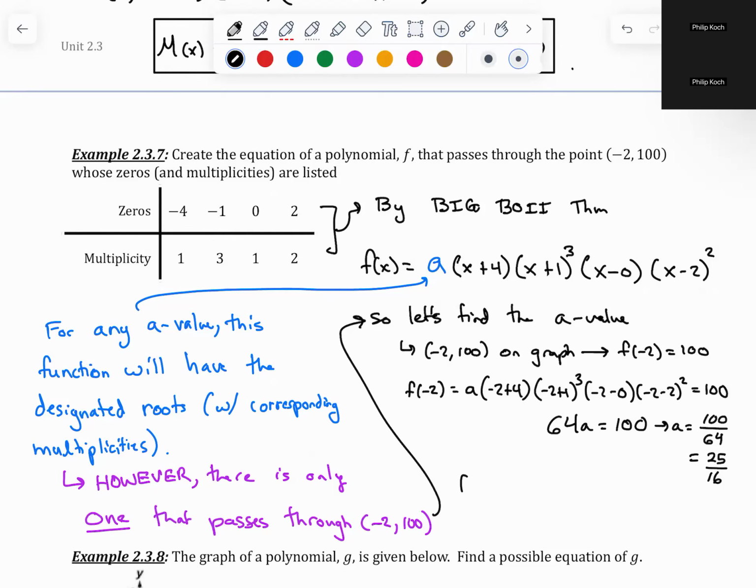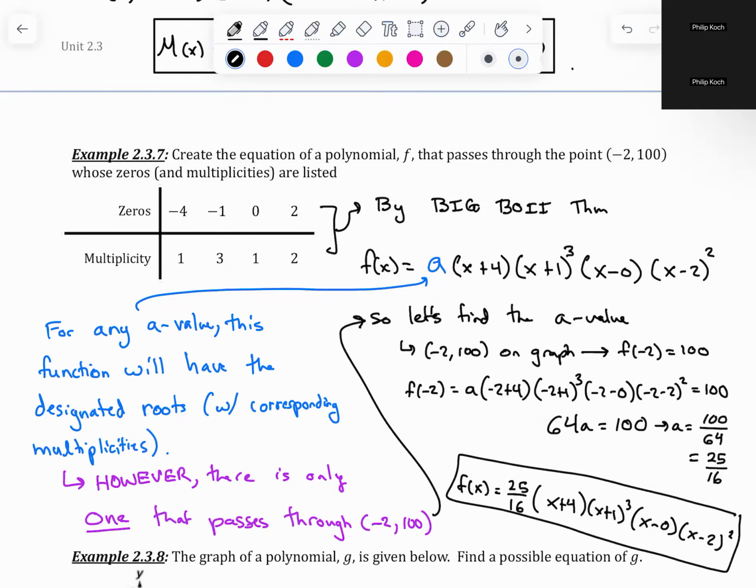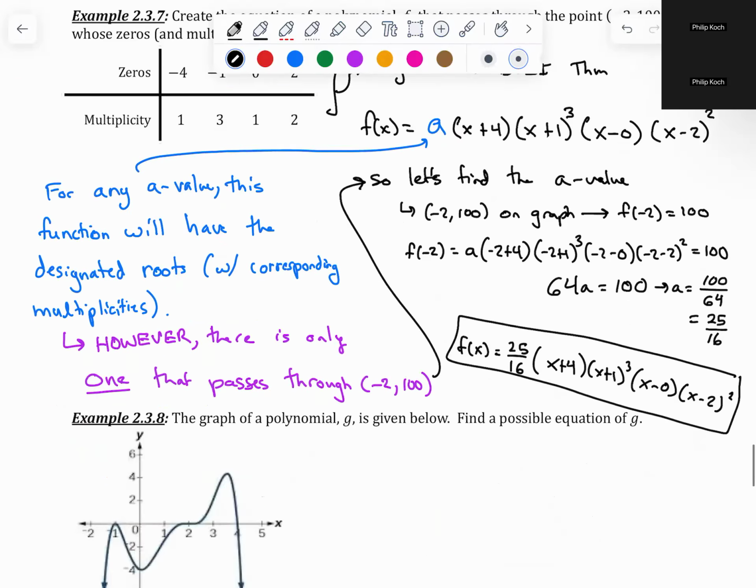So f of x at the end of the day is 25/16 times (x plus 4) times (x plus 1) cubed times (x minus 0) times (x minus 2) squared. Any questions?